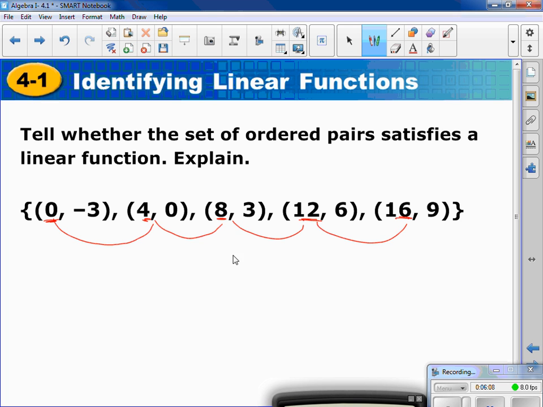All of these are increasing by 4. If I look at my y values or my ranges, each one is going up 3. This is the same. These are the same. This means it's a linear function.